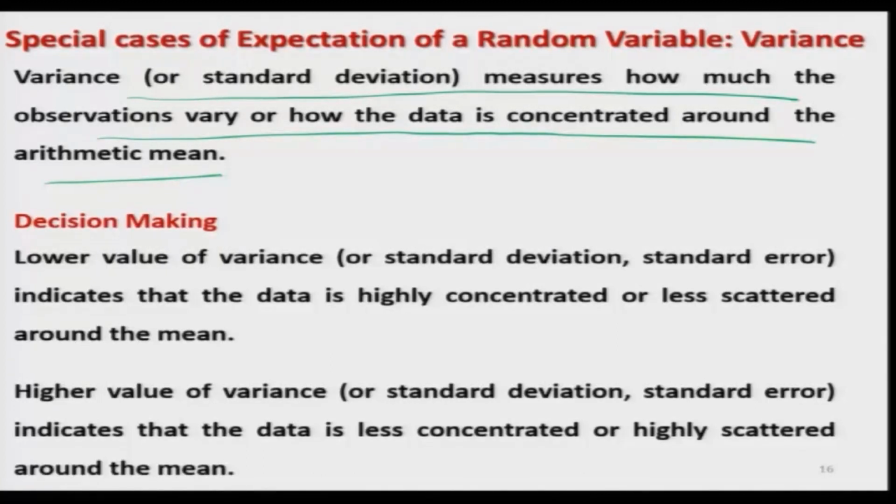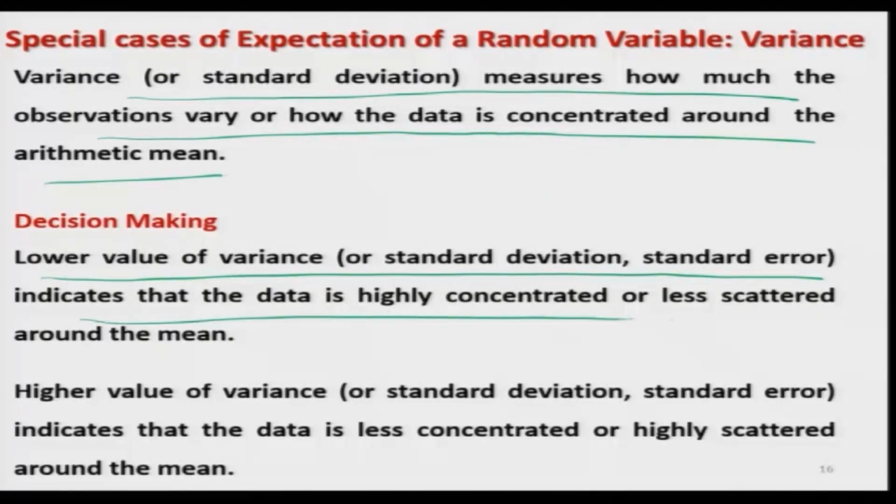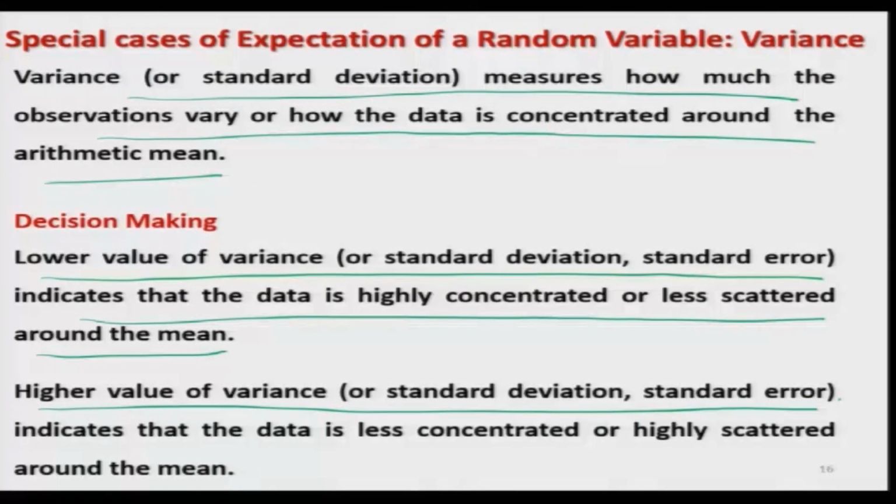So, in this case, if you want to compare two data sets, you simply compare their variances. You compute their variances and see whose value is lower. A lower value of variance or standard deviation or standard error indicates that the data is highly concentrated or less scattered around the arithmetic mean, and a higher value indicates that the data is less concentrated or highly scattered around the mean value.